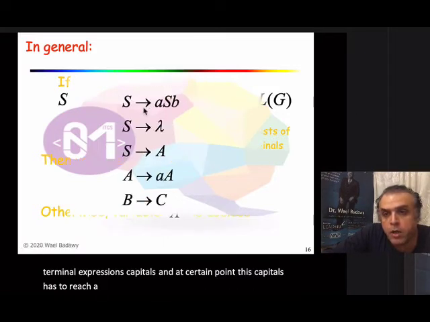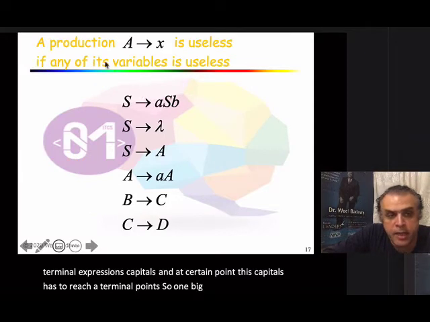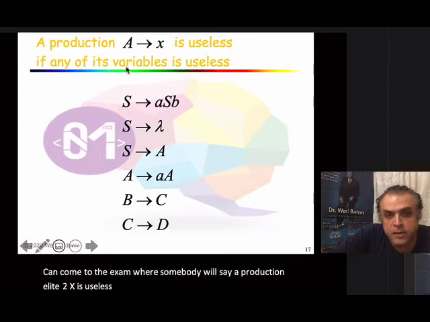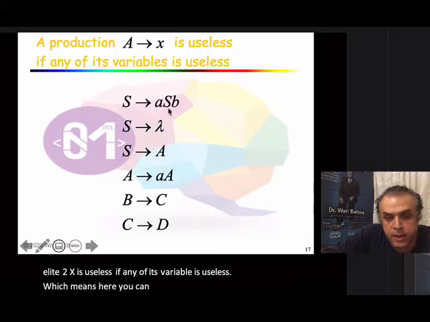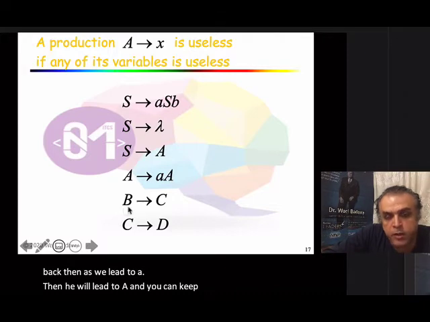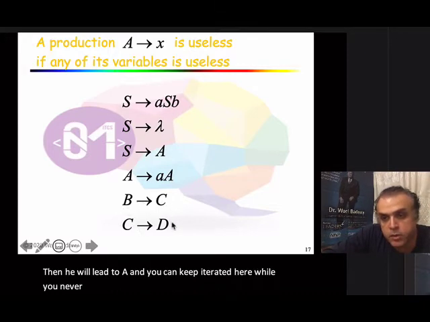So one big question that can come in the exam is where somebody will say a production A leads to X is useless if any of its variables is useless, which means here you can have starting from S, S will lead to A, then A will lead to A, and you can keep iterating here while you never reach B or C or D.